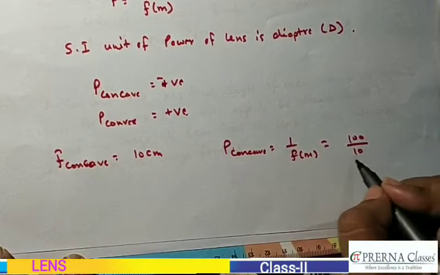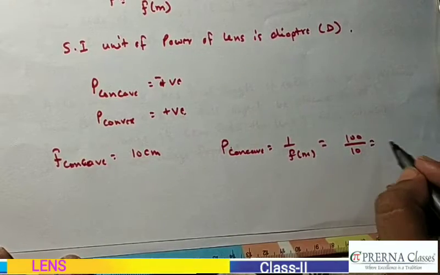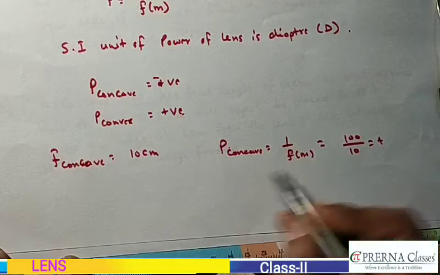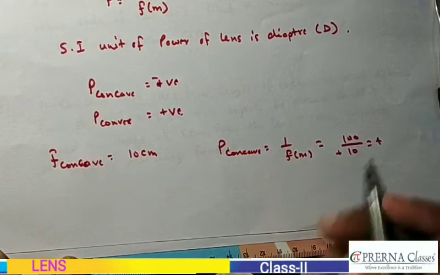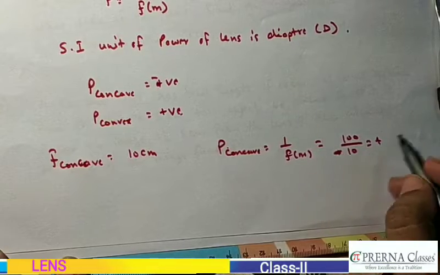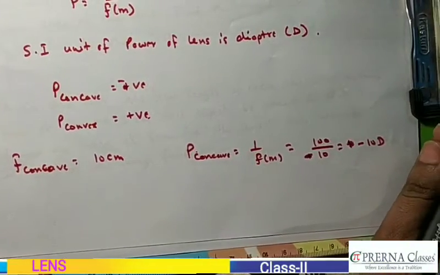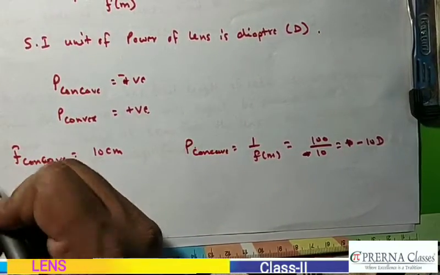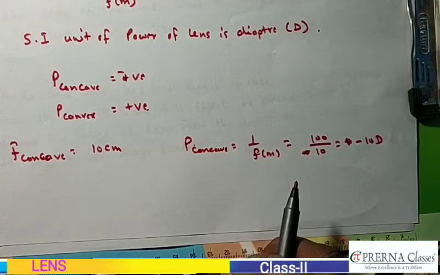Okay, 10 by 100, so I have directly written here. We know that focal length of concave lens is negative. So it will be minus 10 diopter. Clear? So this was an example: if focal length is given, how you will find the power of the lens.